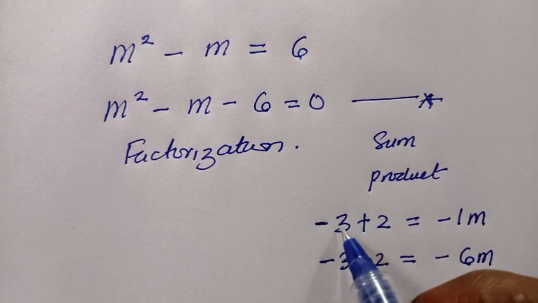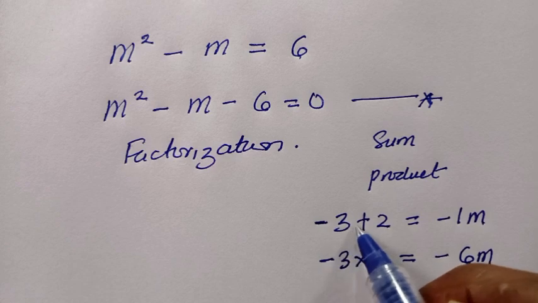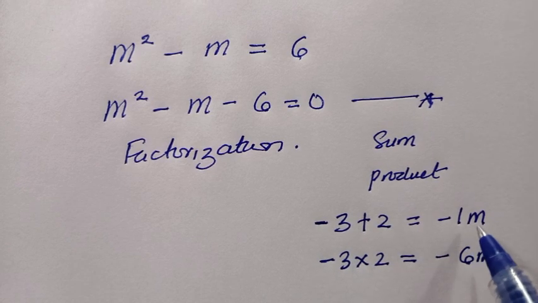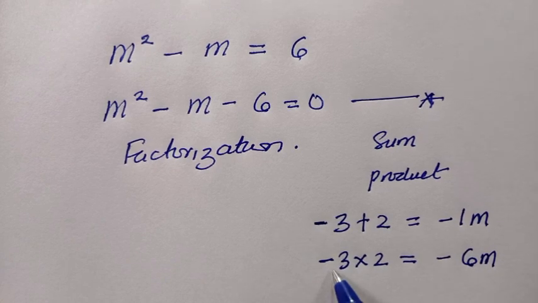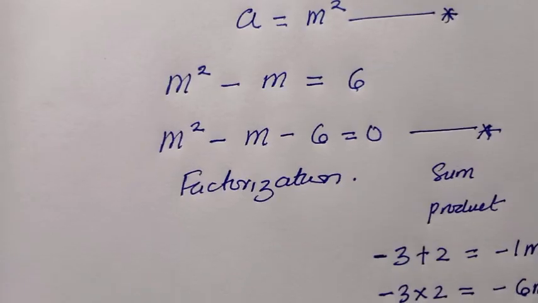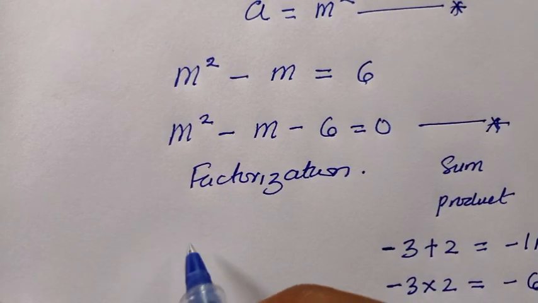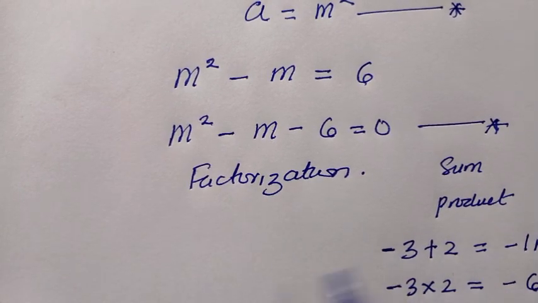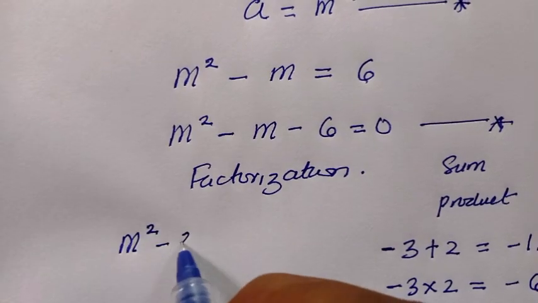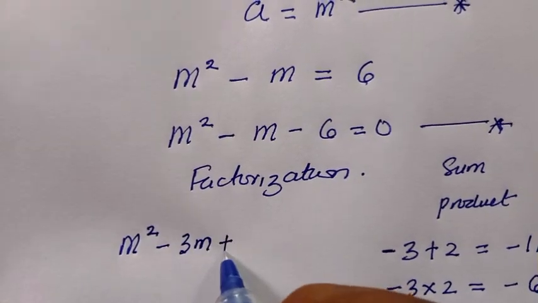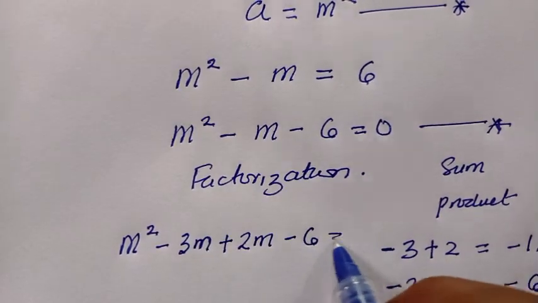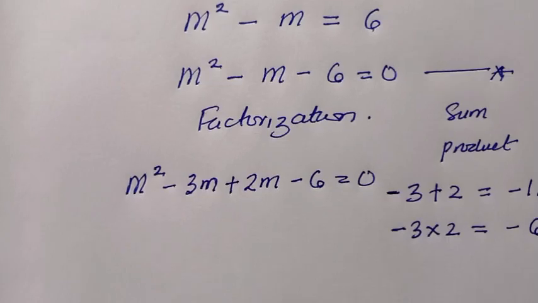That is, for every 3 here, we introduce m to it, that is minus 3m plus 2m, and we get minus 1m. And also minus 3m multiplied by 2m, that is minus 6m. And from here, we have to replace this middle term, as we have m squared minus 3m plus 2m minus 6 equals 0.